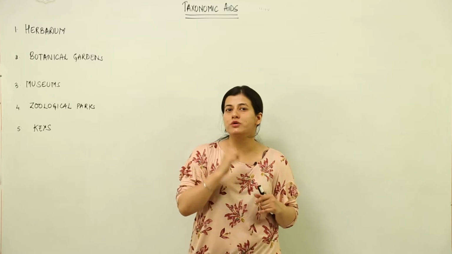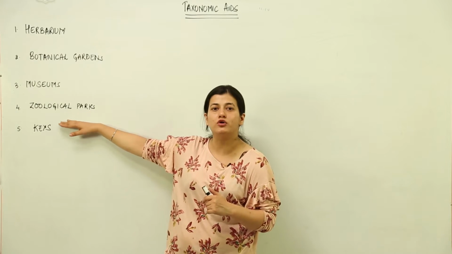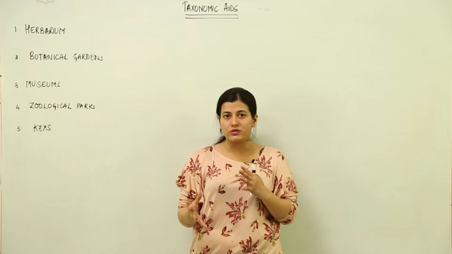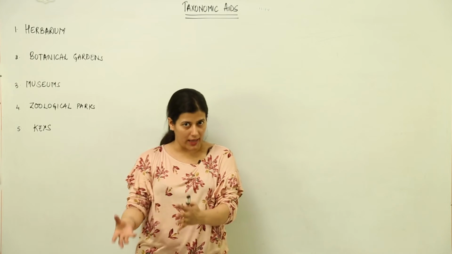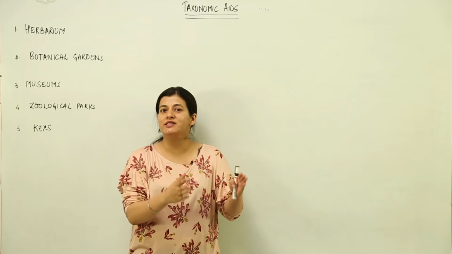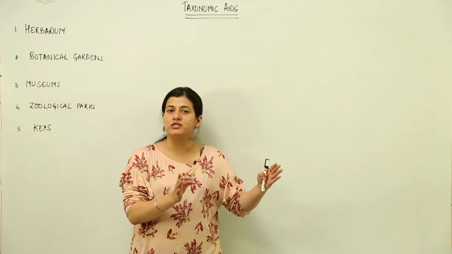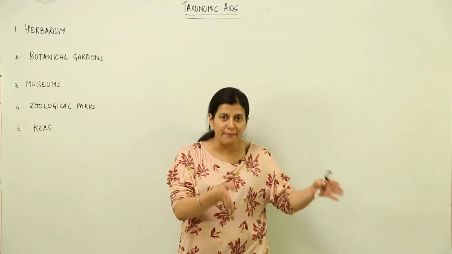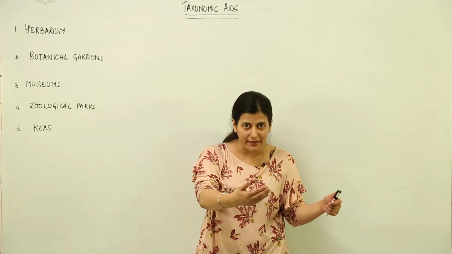Supposedly you go to a zoo. We are considering the example of zoological park over here. You go to a zoo, you would find an animal, like you go and see a tiger in a zoo. That tiger is kept in the best possible way. It is given a habitat which resembles the real habitat of a tiger.